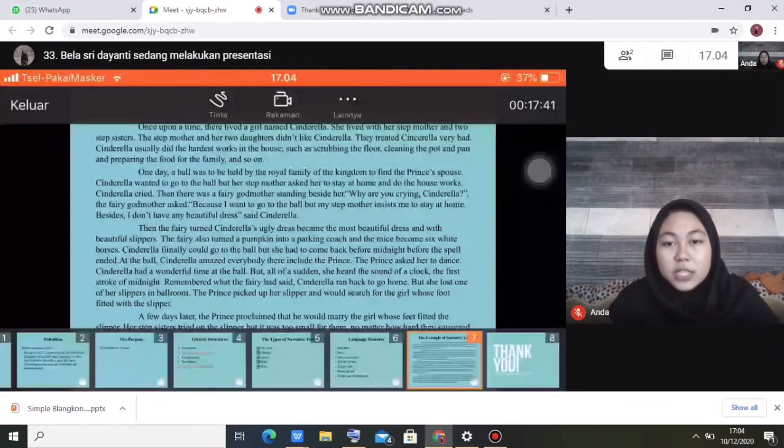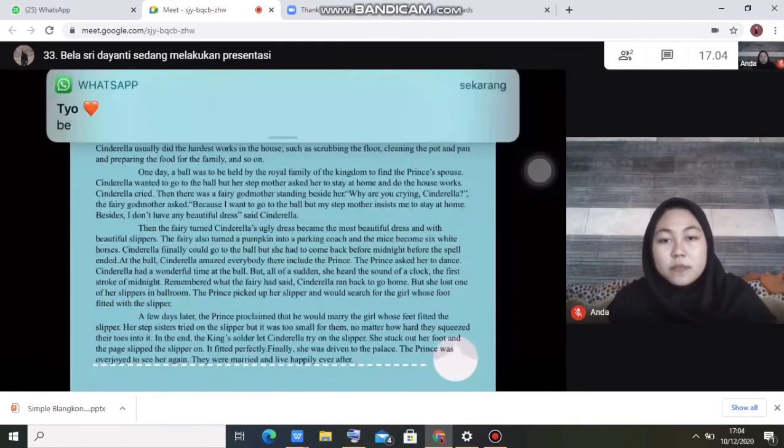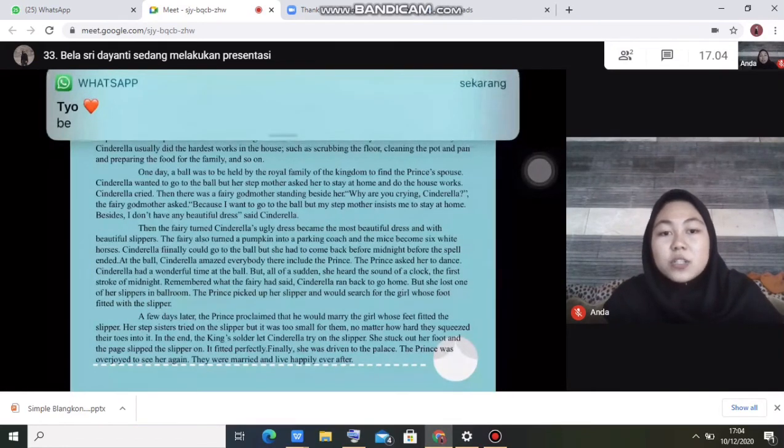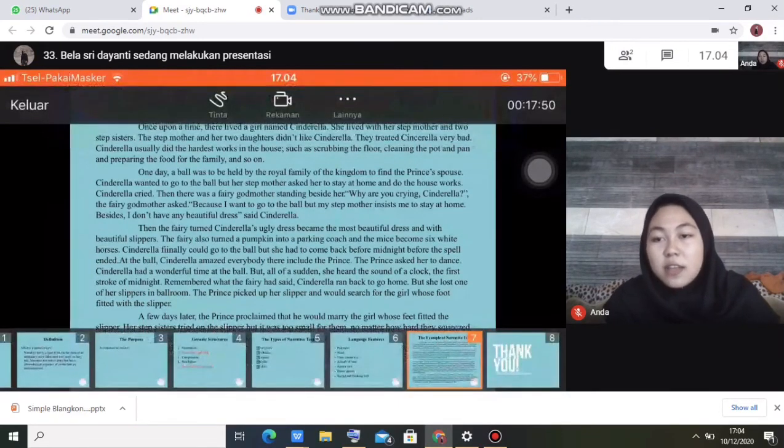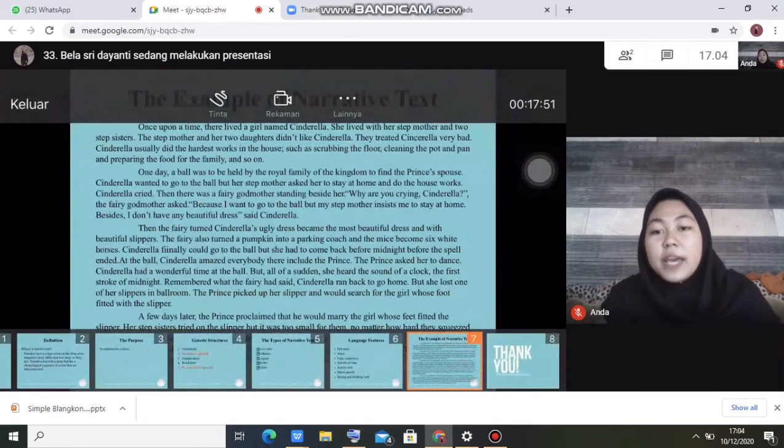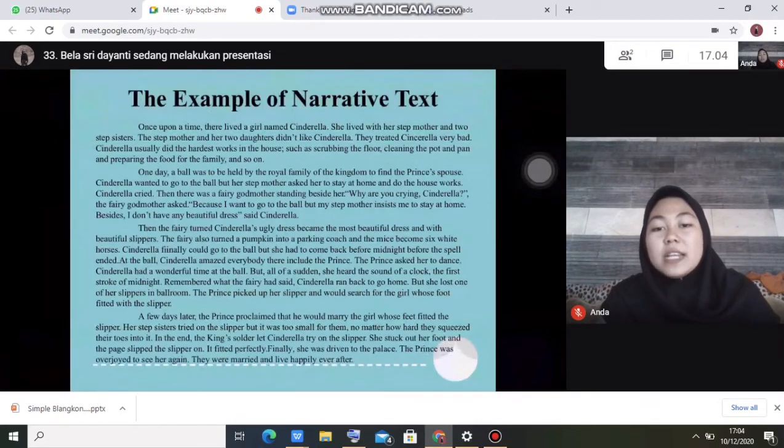At the ball, Cinderella amazed everybody there, including the prince. The prince asked her to dance. Cinderella had a wonderful time at the ball, but all of a sudden she heard the sound of a clock, the first stroke of midnight. Remembered what the fairy had said.